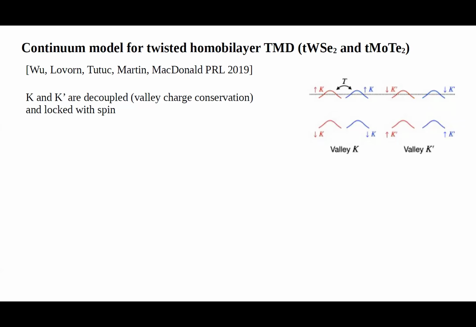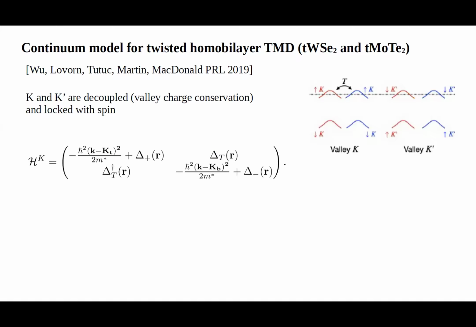This is K, and then independently, you're going to consider K prime. Again, because of the exact same argument as twisted bilayer graphene, you have a conservation of the valley charge, so you consider the two valleys completely independently. So this is the continuum model for twisted homobilayer TMD.